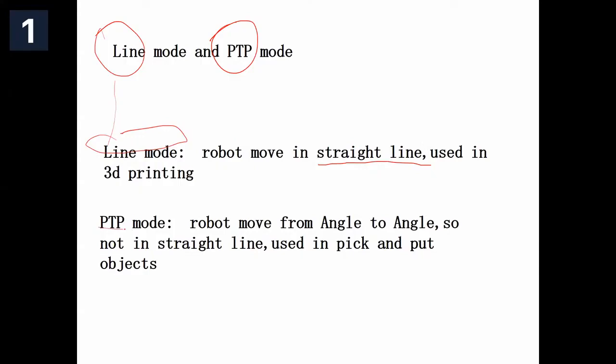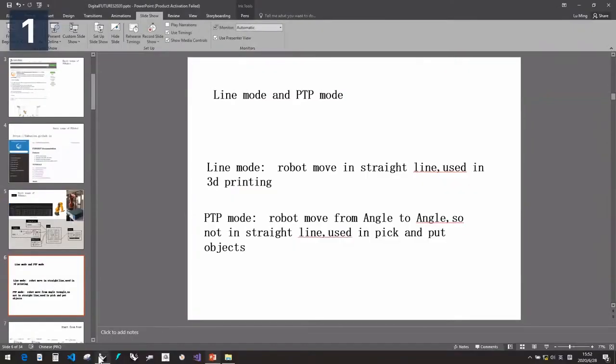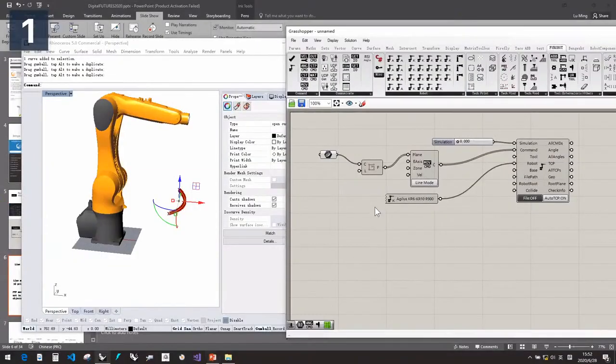And in the P2P mode, the robots move from angle to angle. For example, this is line mode.